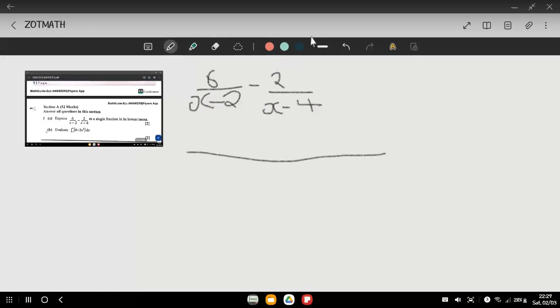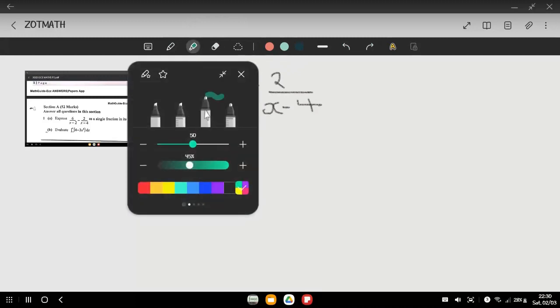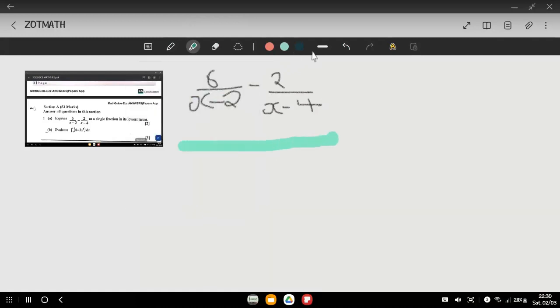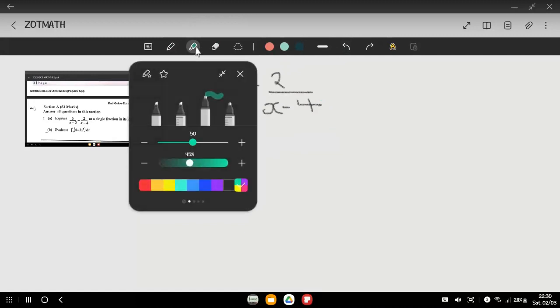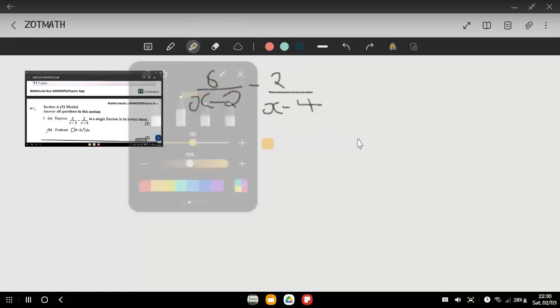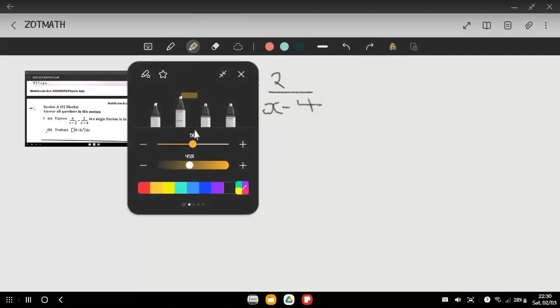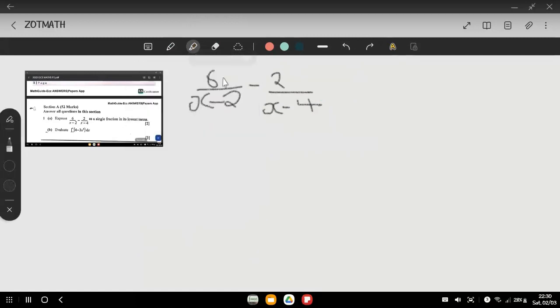How are we going to find the lowest common factor? I need to look for a highlighter that I'll use to make straight lines. One of these highlighters can make straight lines. Okay, it's this one.